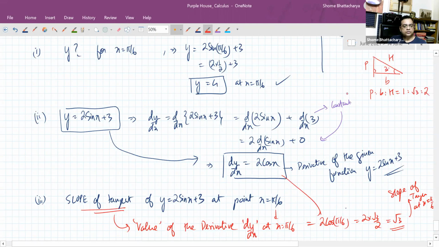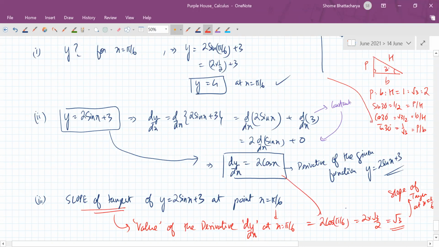So therefore sine 30 is half, cos 30 is root 3 by 2, tan 30 is 1 by root 3. So these are all defined as perpendicular upon hypotenuse, base upon hypotenuse, perpendicular upon base.